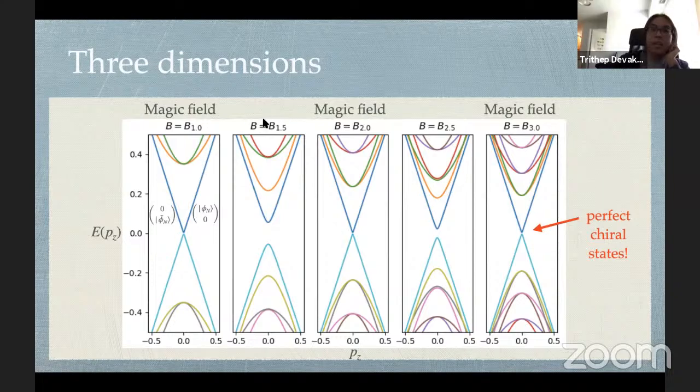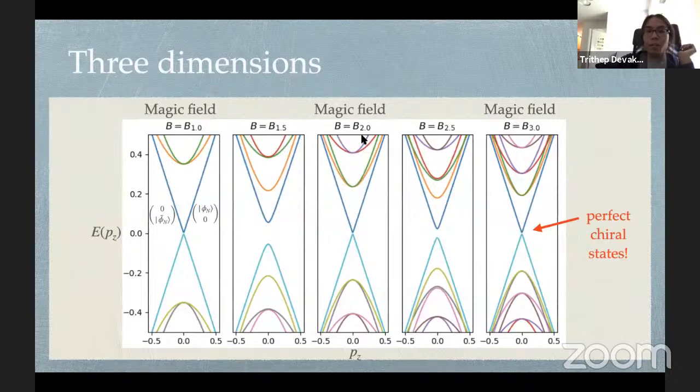If you go between the first and the second magic field, say 1.5, now there's a gap between the two, so you no longer have chiral states. They're not perfectly chiral. They look chiral if you're up here, but as you get down here, you see that there's actually a gap, and you mix between the two states.